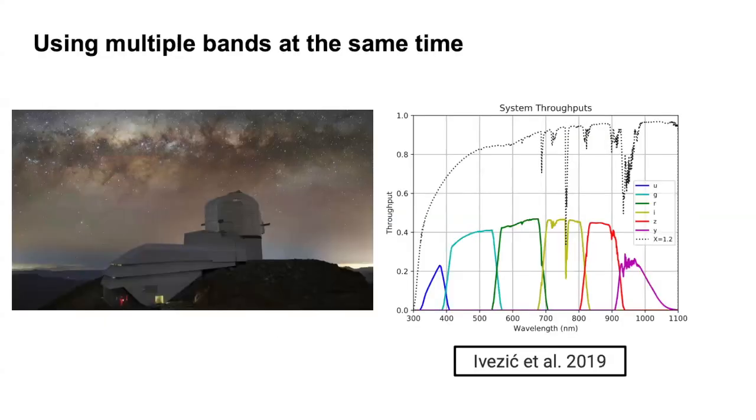A small parenthesis on LSST. In a few months, I hope, LSST will start taking observations. It will observe in 6 bands. And as I said before, if we combine all the bands together, we'll have an observation around every 3 days.